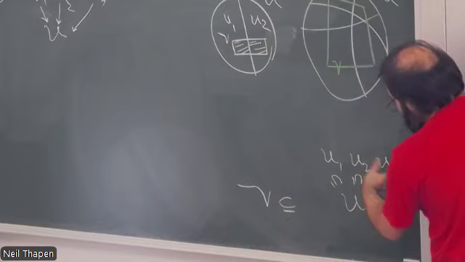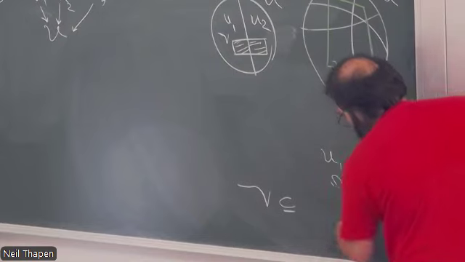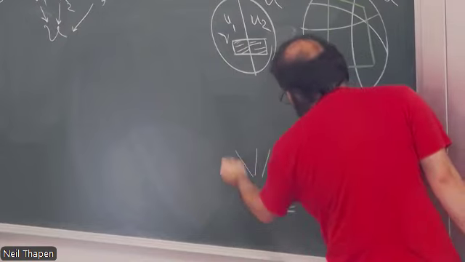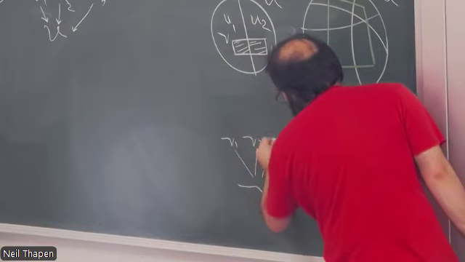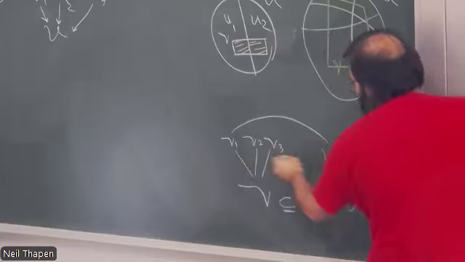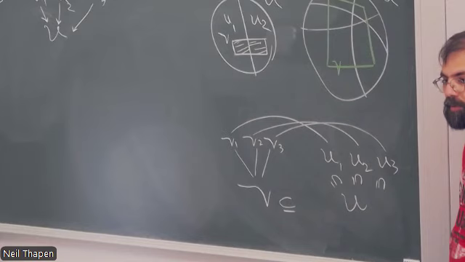What I'm saying is that if these three cover U, then for any V less than U, there is a cover, say V1, V2, V3, such that V1 is a subset of U1, V2 is a subset of U2, V3 is a subset of U3.